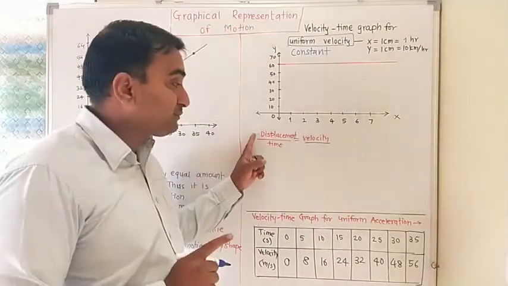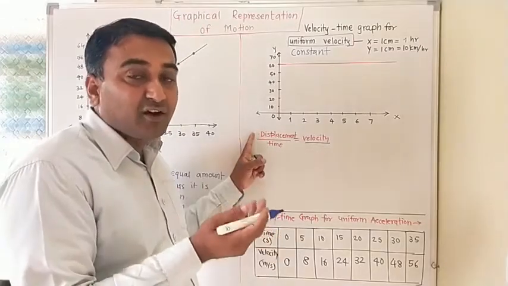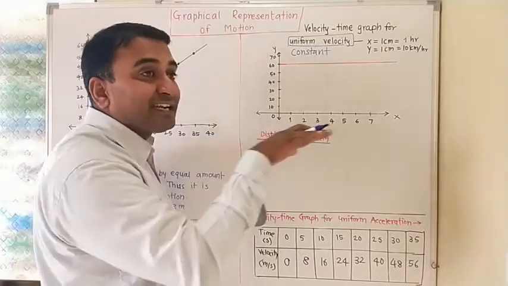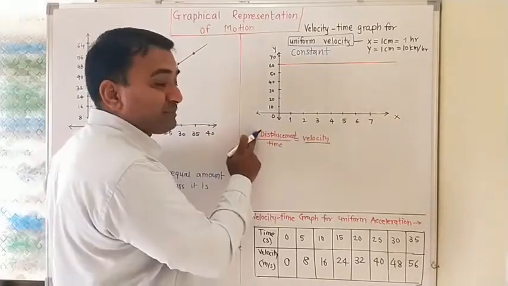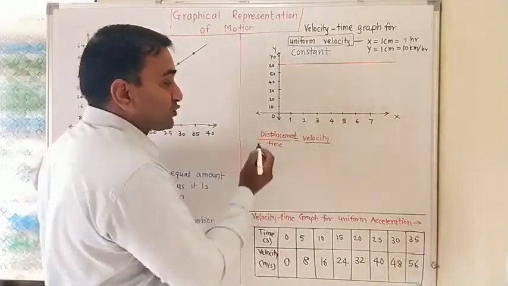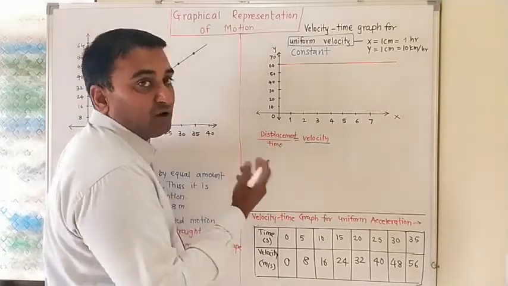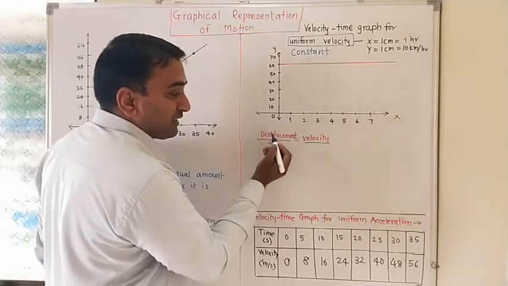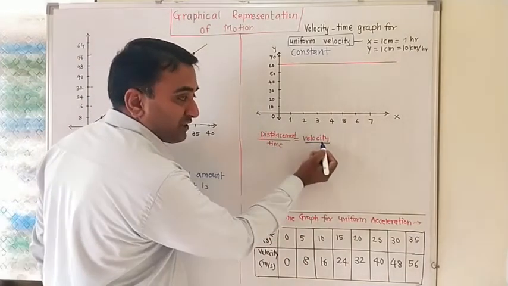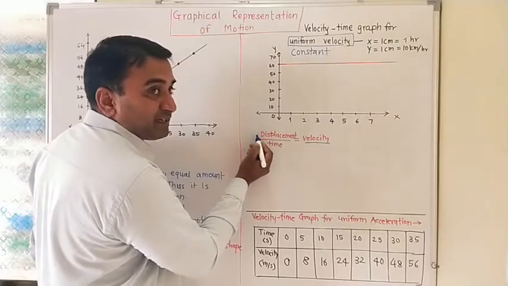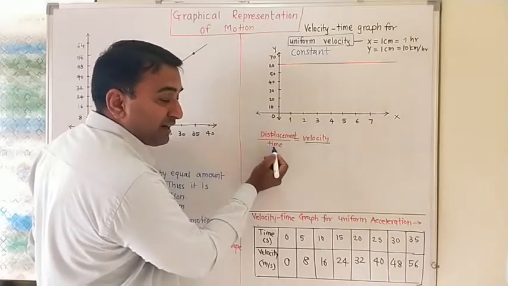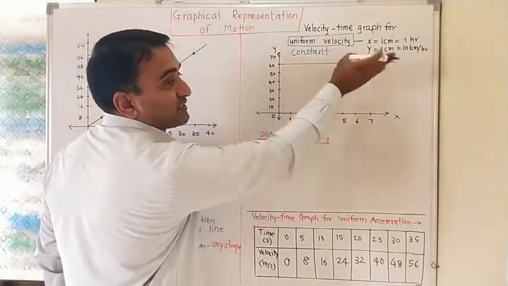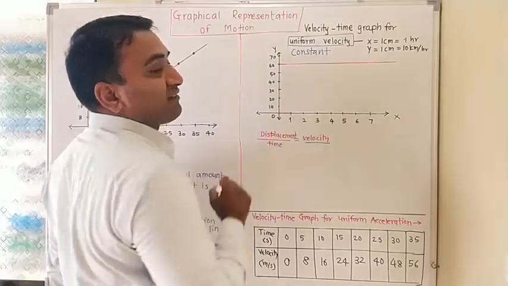You should not get a little confused. For straight, linear motion, displacement and distance are the same. So distance divided by time or displacement divided by time, that is the same. So displacement divided by time is velocity, and that graph is straight. So this velocity graph is also a straight one, because we have constant velocity.